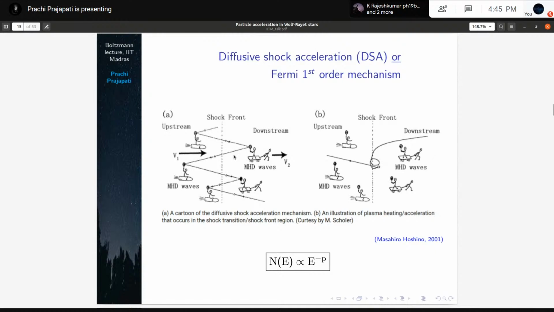Due to the motion of the shock, particles in the upstream or downstream, when they try to cross the shock front, experience a head-on interaction with the MHD waves, the magnetic waves present there. That is what causes them to reflect back to the downstream. Is it understandable?